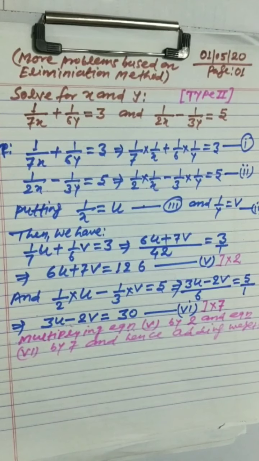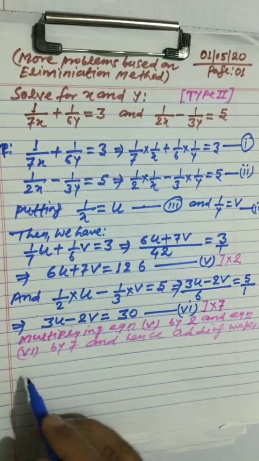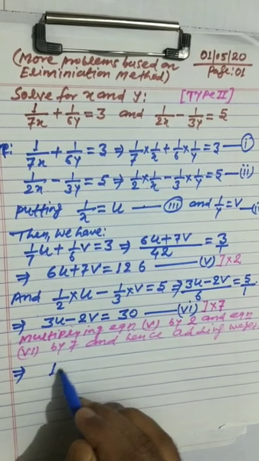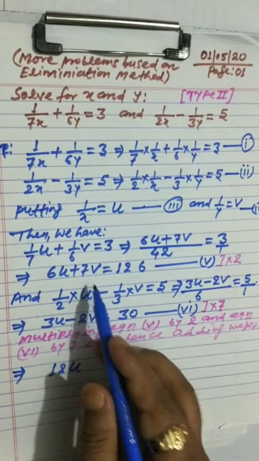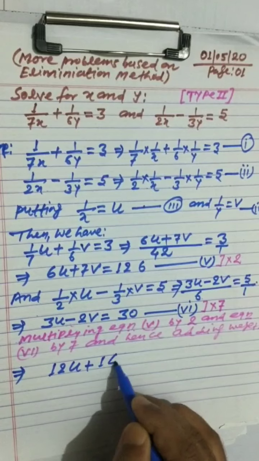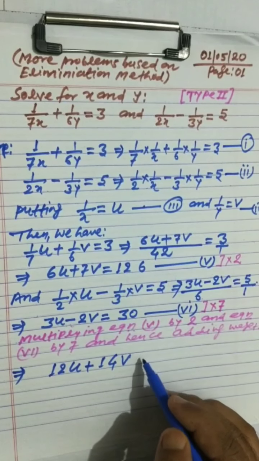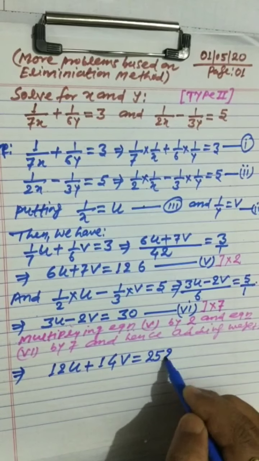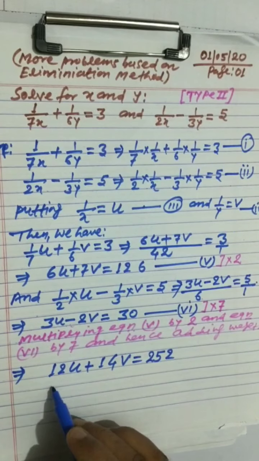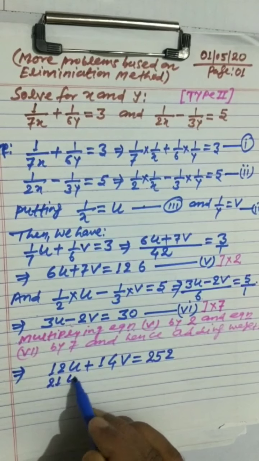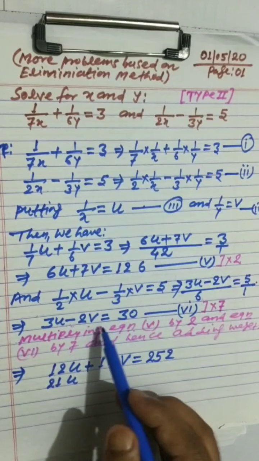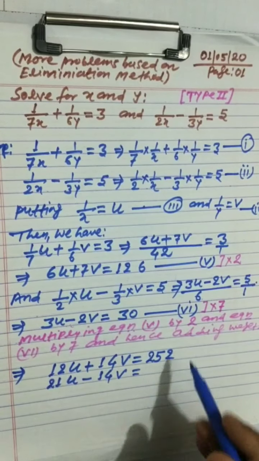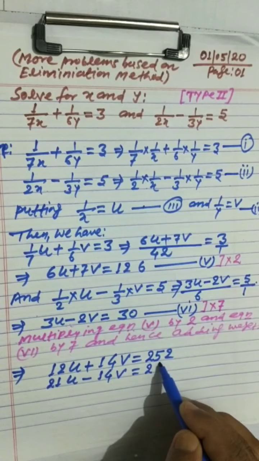what you have got. Let us write here. First multiply it. 2 6s are 12u plus 2 7s are 14v is equal to 2 multiplied by 126 will be 252, and 7 3s are 21u and 7 2s are 14v will be equal to 7 5s are 35.